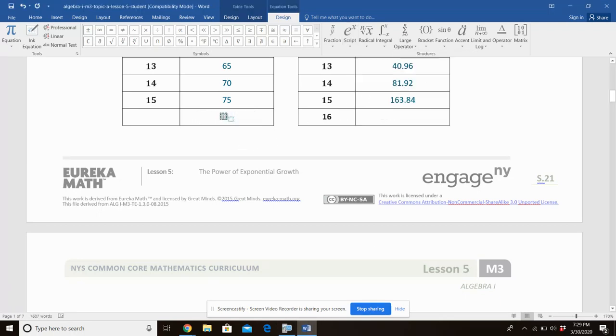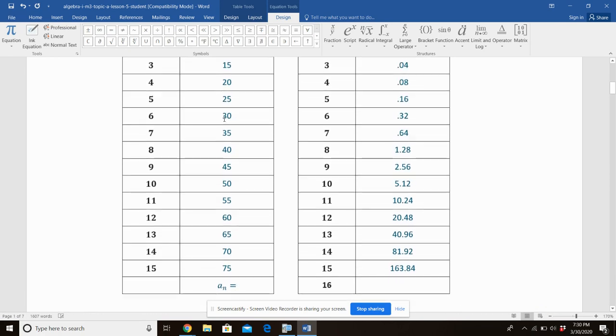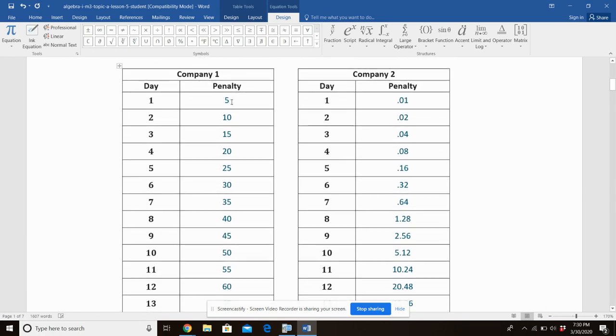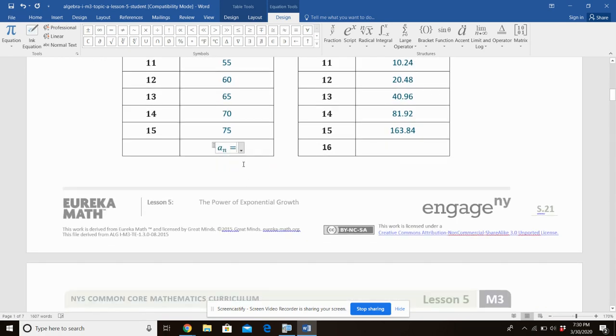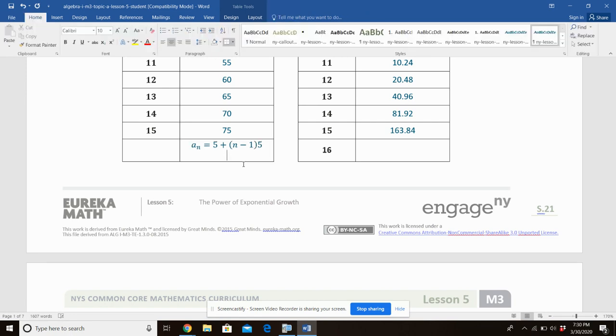So it looks like we have a sub n equals, and remember in an arithmetic sequence, we first take the first term, and our first term is $5. So $5 plus, and then we use n minus 1 and multiply that by the common difference, which is also 5. We can simplify this and distribute that 5 in.